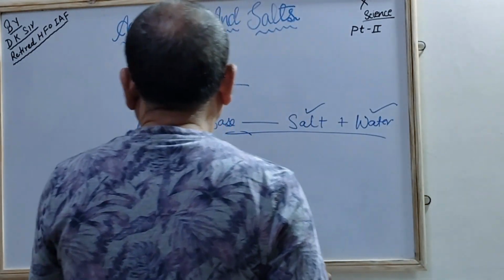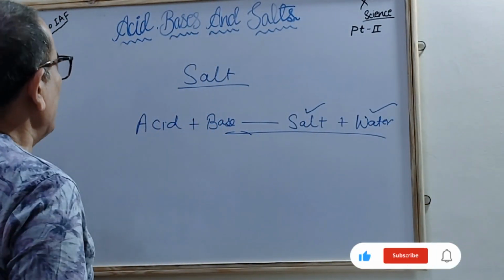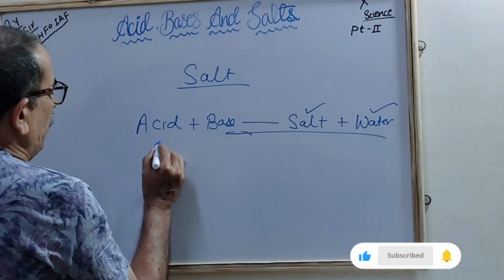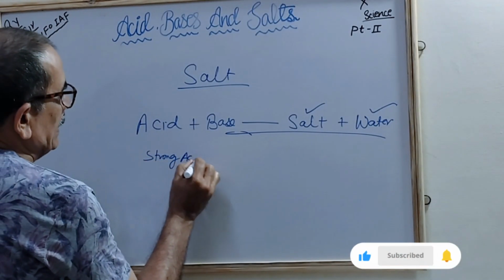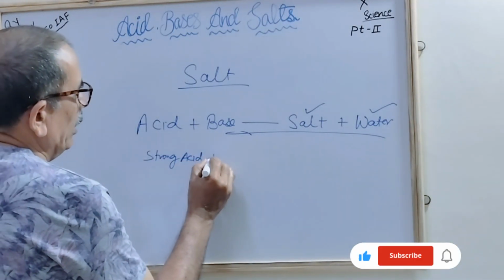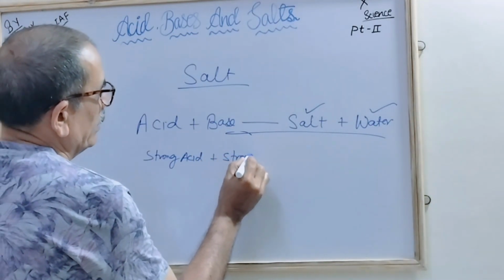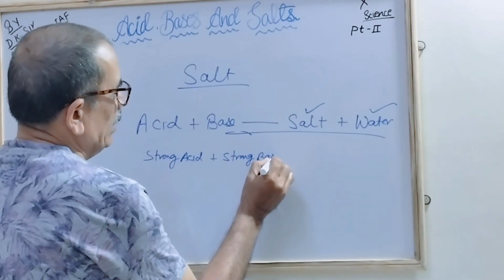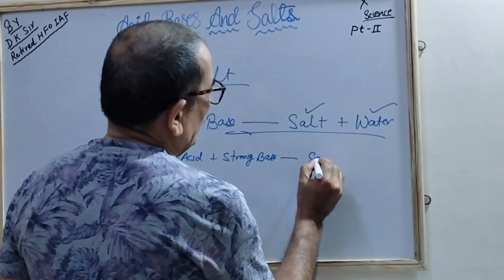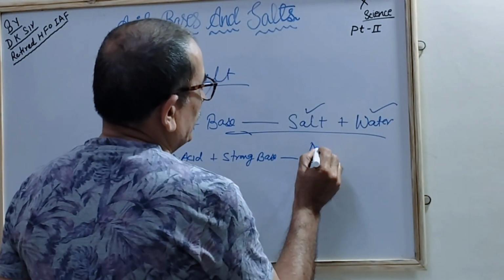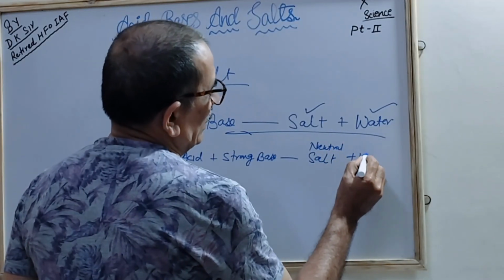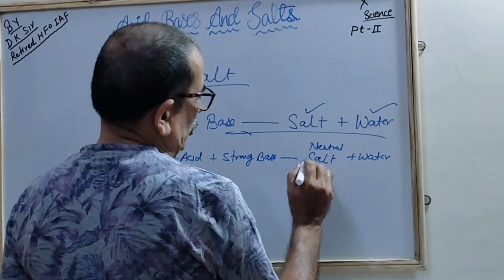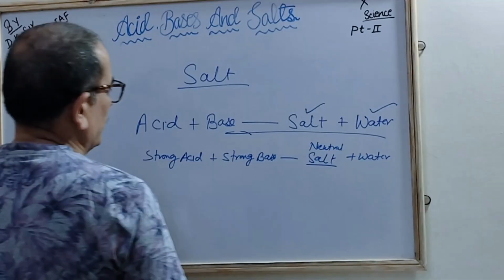Remember here, the acid can be of two types. Suppose you take a strong acid and a strong base, then you will find the salt will be neutral. This will be a neutral salt, and the water itself is always neutral. Understood?